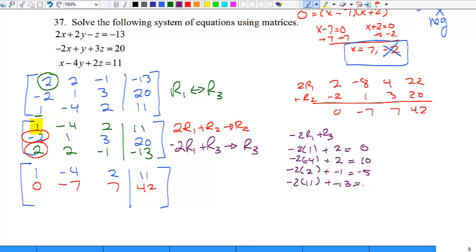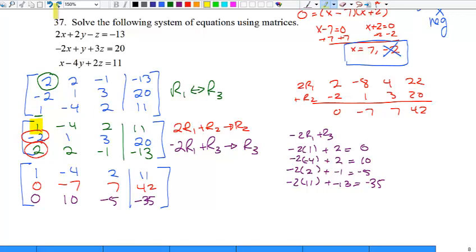So I'm getting 0, 10, -5, -35. Now if you like to do it horizontally, do them both horizontally. If you like to do it vertically, do them both vertically.